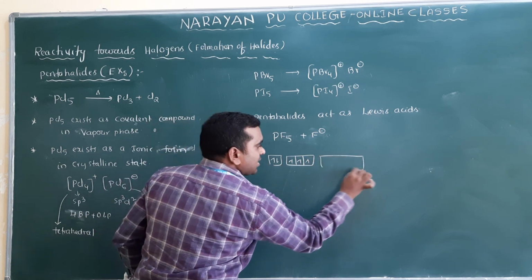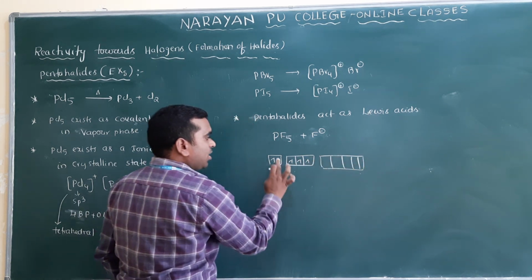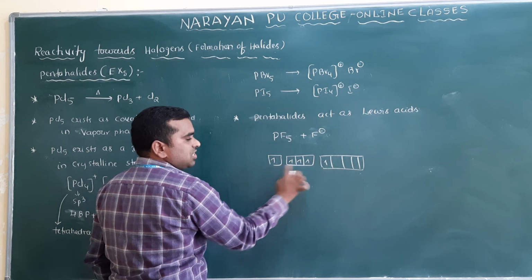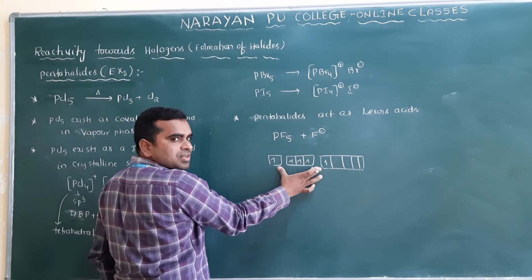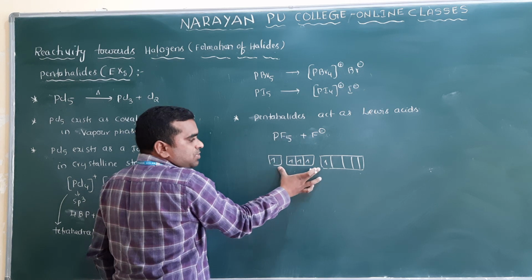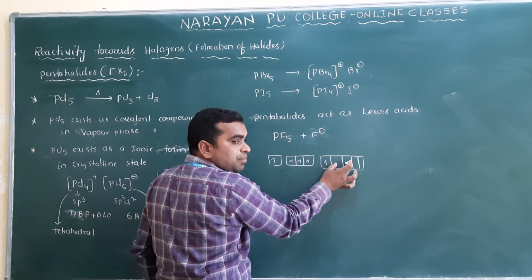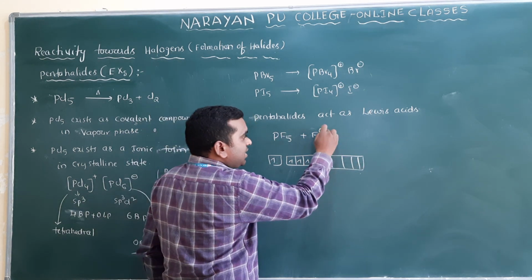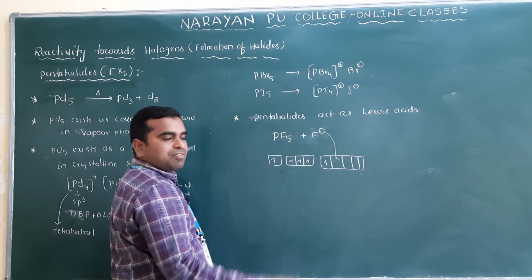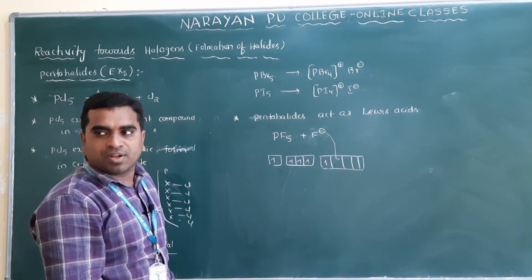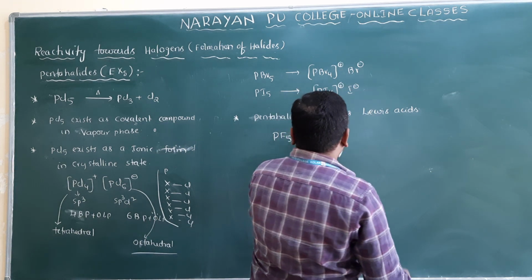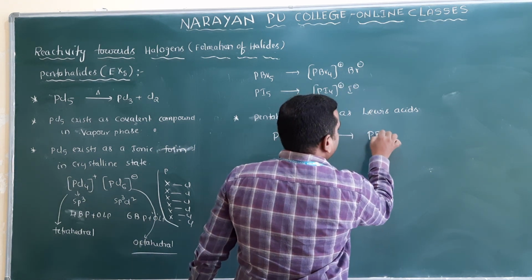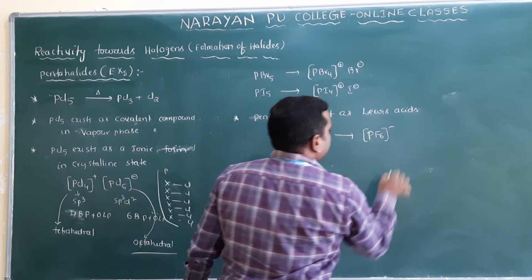But d orbitals are there with the phosphorus. One electron will jump to the d orbital. How many bonds will it form? 5 bonds. But to form a 6th bond, phosphorus doesn't have an electron, but it has an empty d orbital. So it accepts electrons into the empty d orbital and makes a coordinate bond. So you get the compound PF6-. Clear?